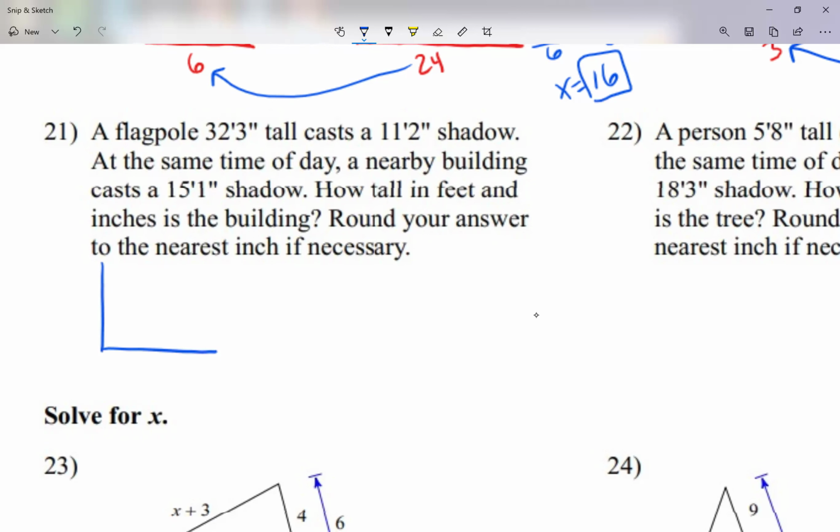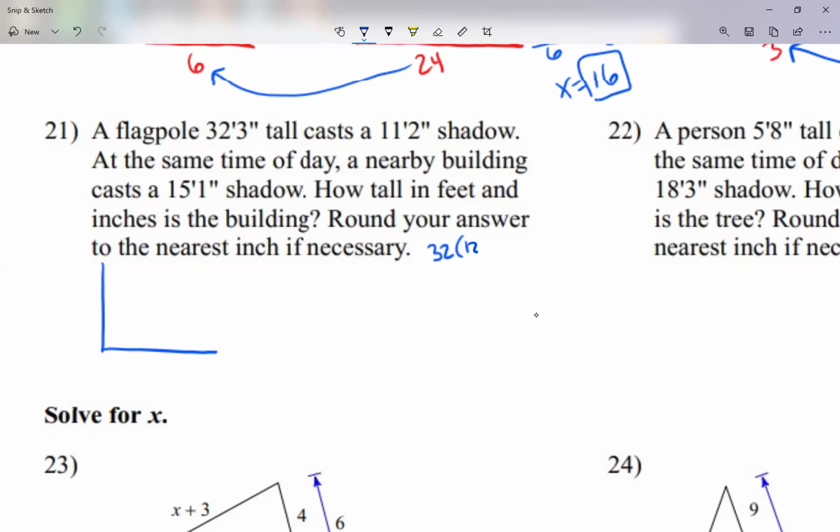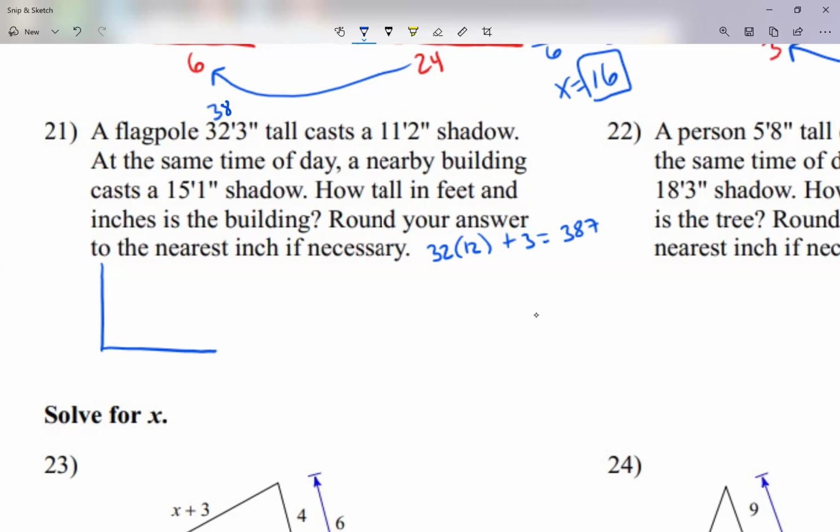Now 32 feet 3 inches. Change that to inches. So let me see here at the side. I'm going to go 32 times 12, and then plus 3. 32 feet, I'm going to transfer that to inches. So 32 times 12 plus 3 gives me 387 inches. So 32 feet with 3 inches is basically 387 inches. 11 feet 2 inches.